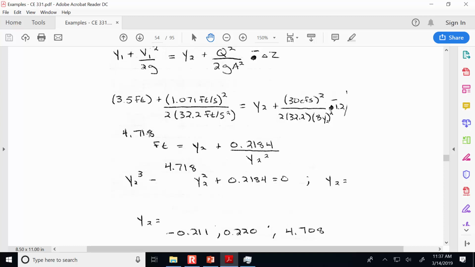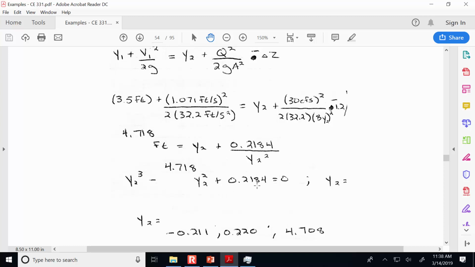So all of that combined together is just this number coefficient in the numerator, 0.2184, and then y squared in the denominator. And if we multiply all three of these terms by y2 squared, then the cubic equation you can see is y2 cubed minus 4.718 y2 squared plus 0.2184.